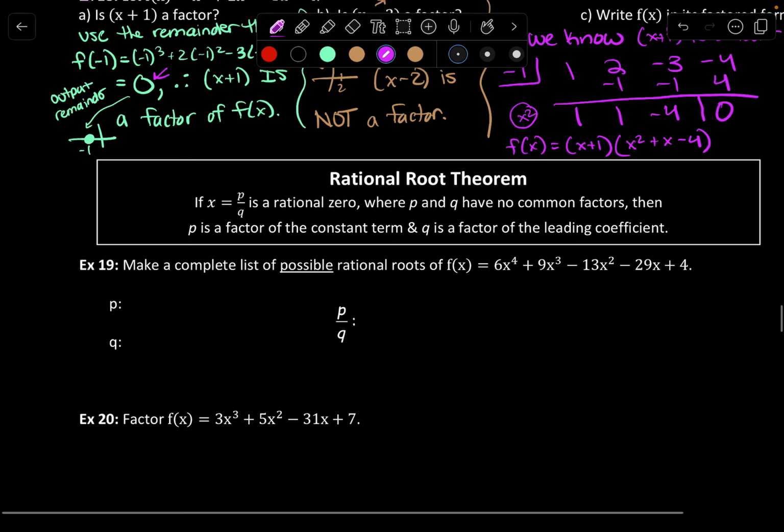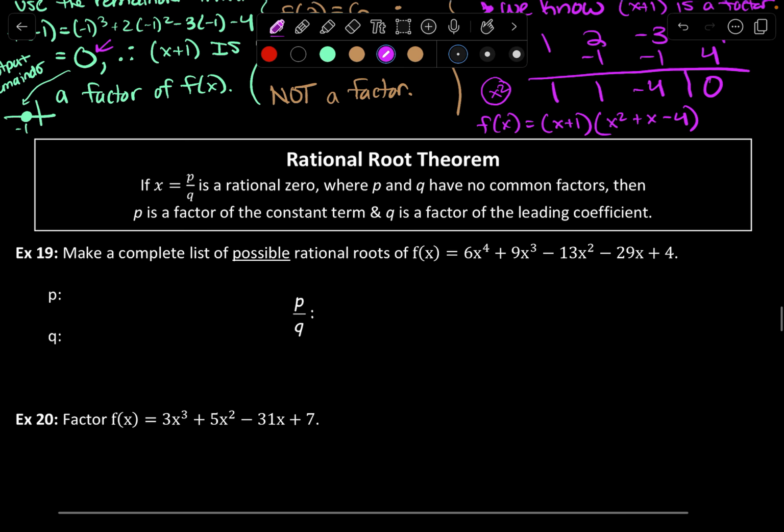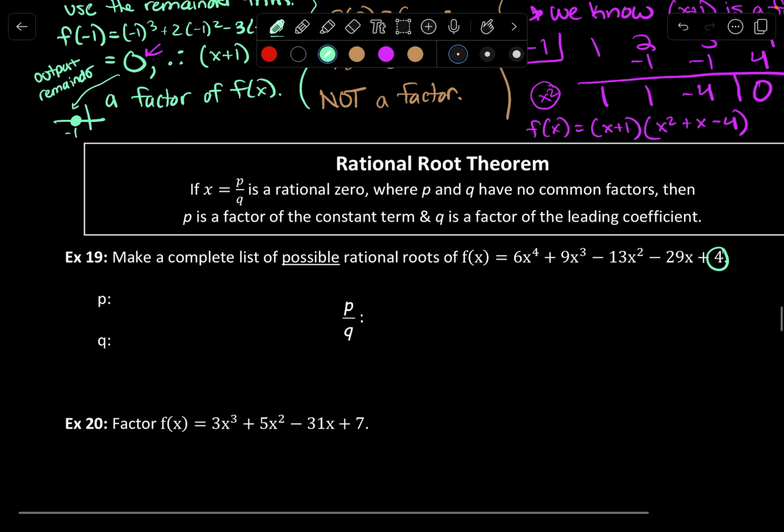But there is a way to limit what your choices are, okay? So the rational root theorem states that if we take the constant, which is 4, and we take those factors, I'm going to make a set, so I'm using the curly brackets. The factors of 4 are 1, 2, and 4, and the factors can be positive or negative.